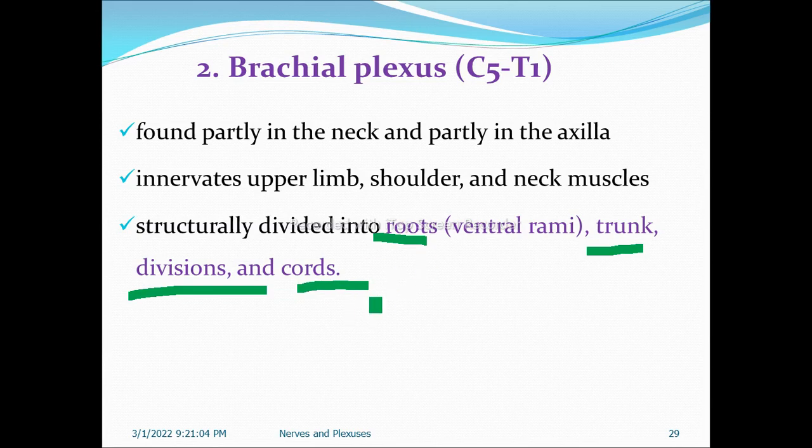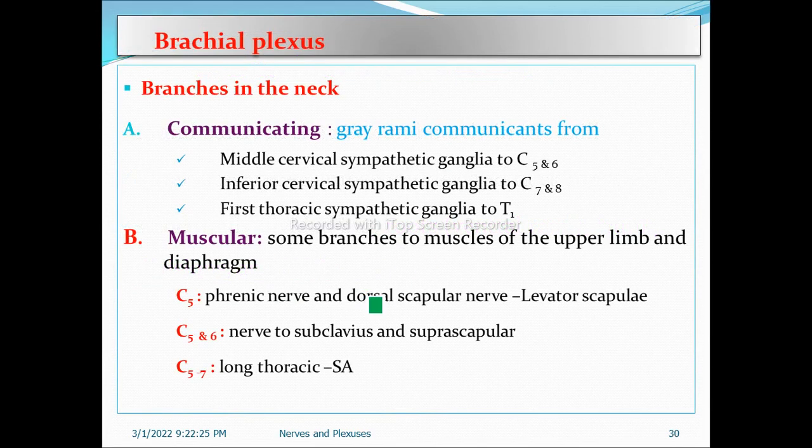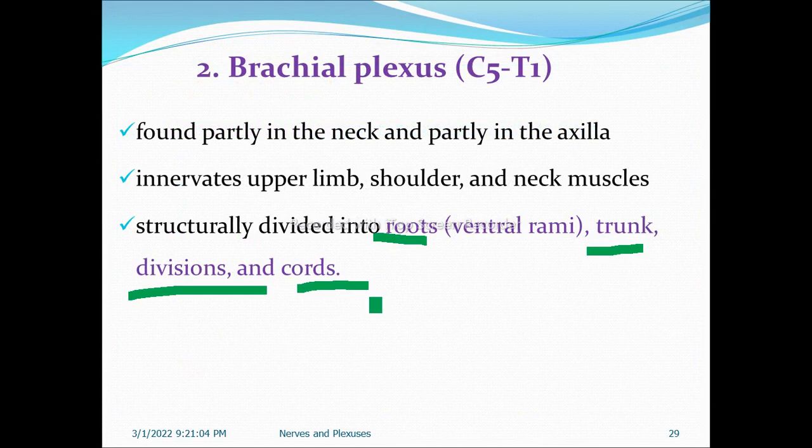Let me show you about this. First, there are the roots here. There is C5, C6, C7, C8, and this is T1.